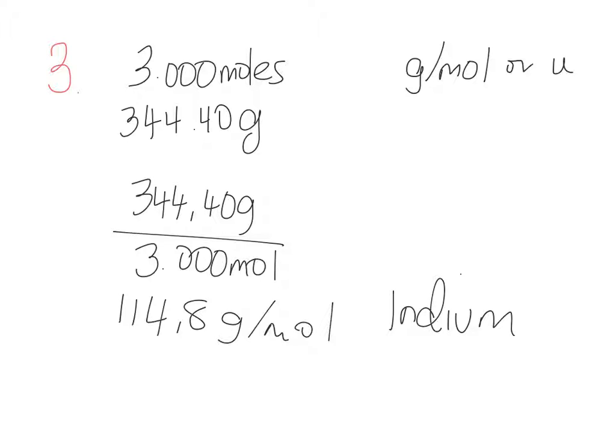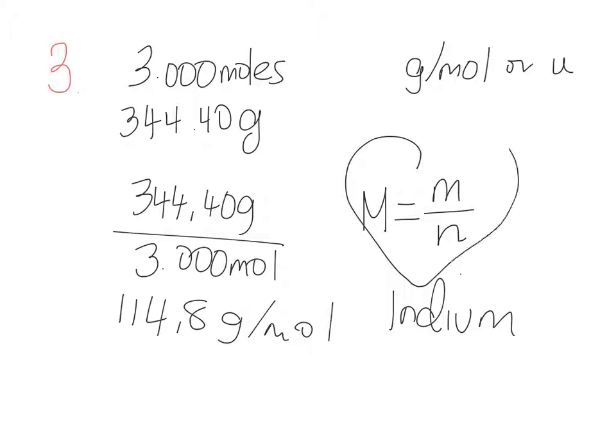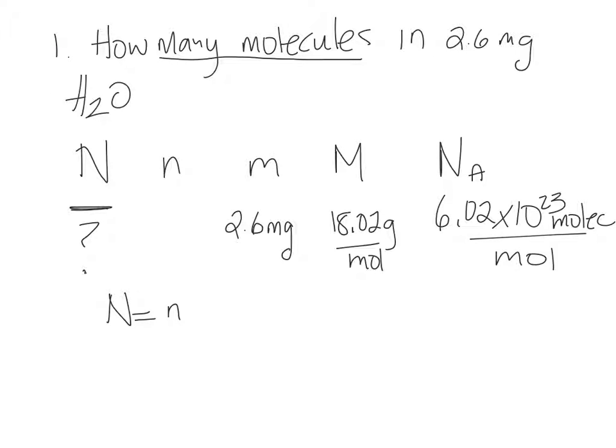If you want formulas, this was just mass divided by moles. That's all this was. Mass divided by moles. Okay? So big N is equal to moles times Avogadro's number. So you have to find moles before you find big N. But it's equal to mass divided by molar mass.